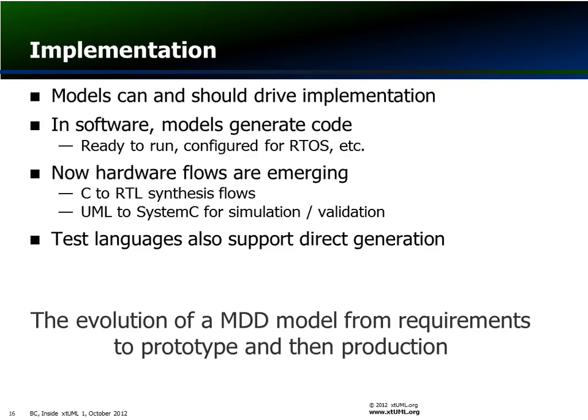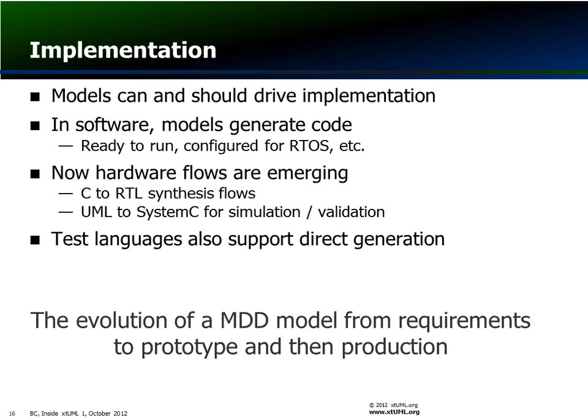It can also be set up such that the generation process enforces standards, coding standards or certification standards, so that this can be safety-critical software that's going to meet needs in that kind of an environment. And now hardware flows are also emerging that enable that kind of process to be applied to the hardware implementation, and we will see as we run on through these series how these capabilities can be applied.